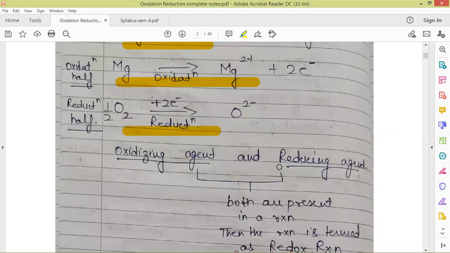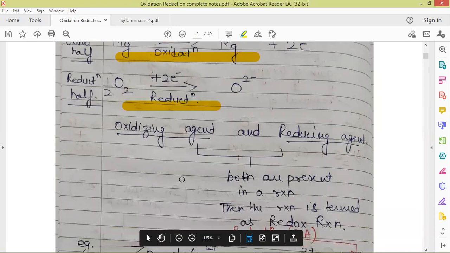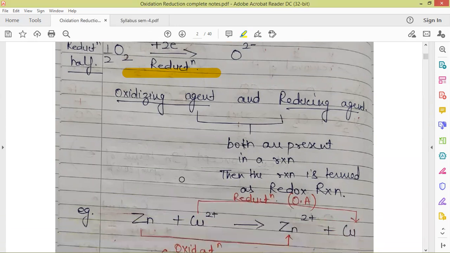Next, the 2 terms which we are going to use repeatedly in this chapter are the oxidizing agent and the reducing agent. As oxidation and reduction are part of the same reaction, the oxidizing agent and reducing agent are also part of the same reaction, and the one which is the oxidizing agent undergoes reduction and the other which is the reducing agent undergoes oxidation.